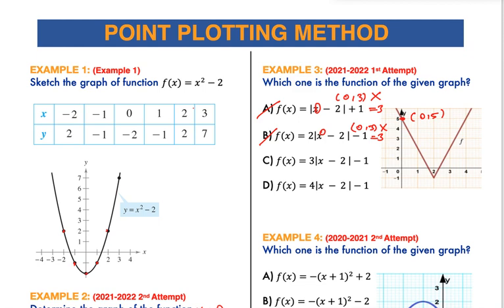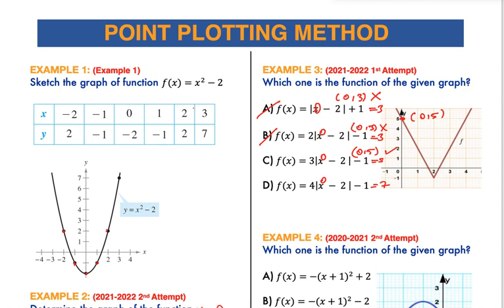Let's try option C, substituting 0 for x. 2 times 3 is 6, 6 minus 1 is 5. So (0, 5) is true. The function satisfied the same point. Try D. When you substitute 0 for x, the absolute value minus 2 is 2, 2 times 4 is 8, 8 minus 1 is 7.